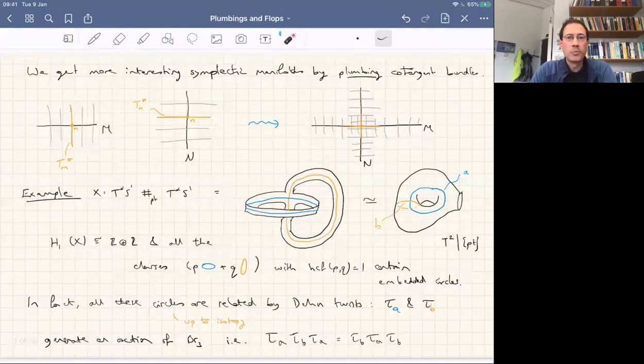One source of more interesting symplectic manifolds than cotangent bundles is plumbings of cotangent bundles. The plumbing operation involves taking two cotangent bundles, here the cotangent bundles of M and N, and fixing points in each of M and N and the corresponding cotangent fibers through those points.